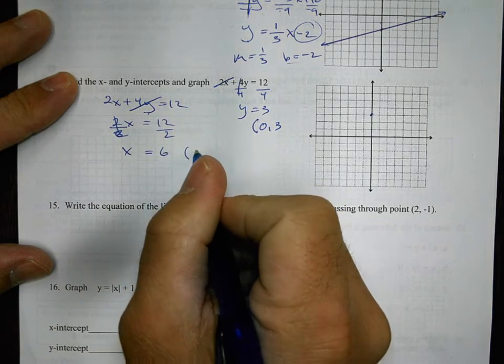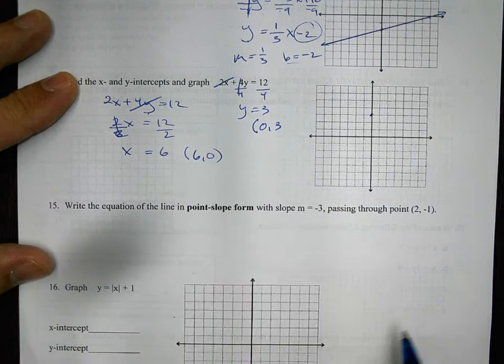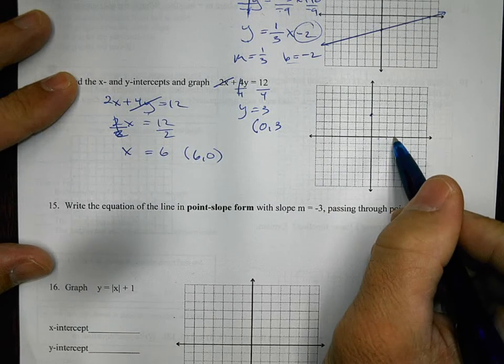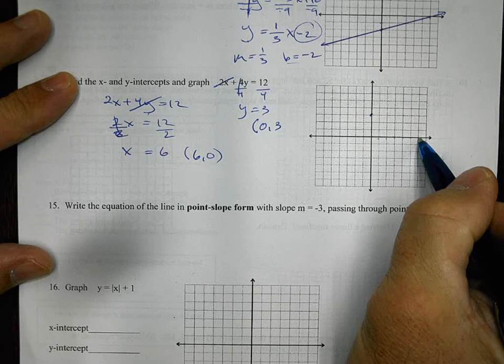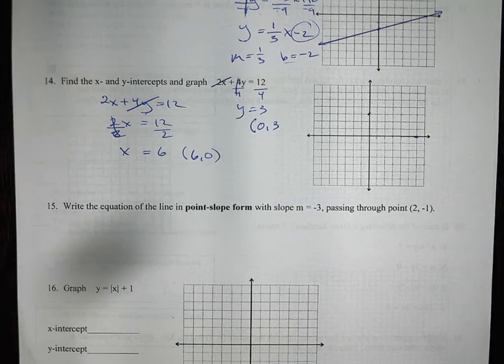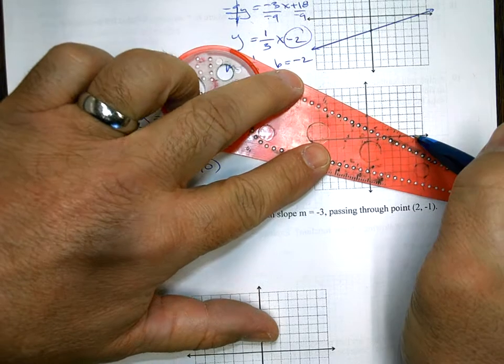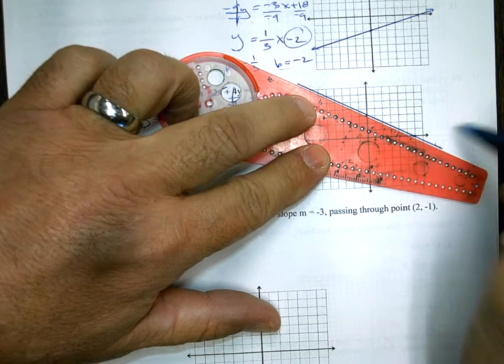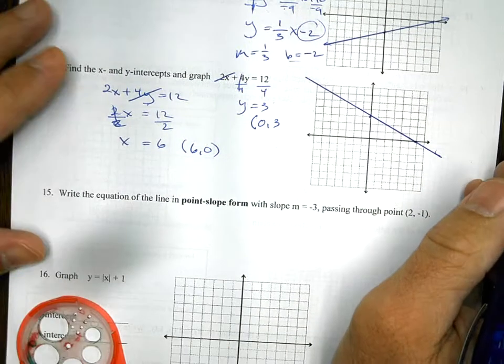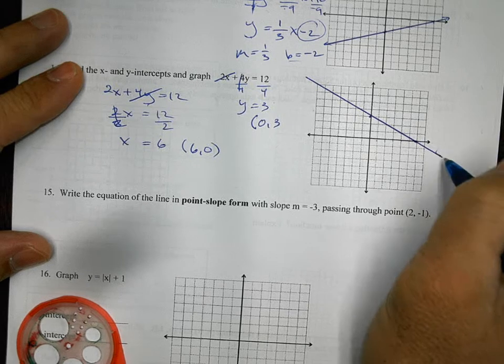So our x-intercept is 6, 0. So we go 1, 2, 3, 4, 5, 6. That's our x-intercept. And we get that right there.